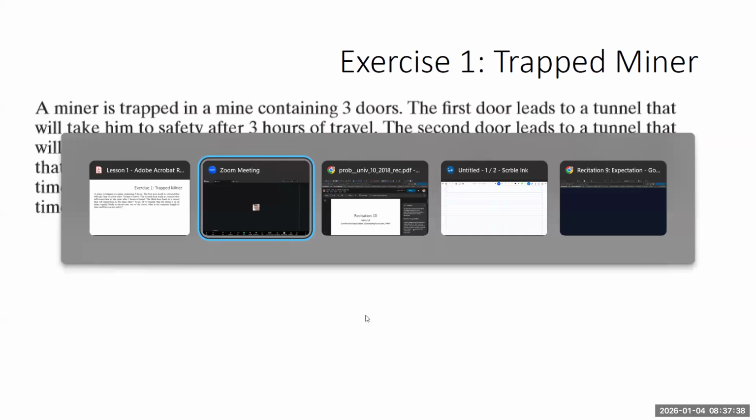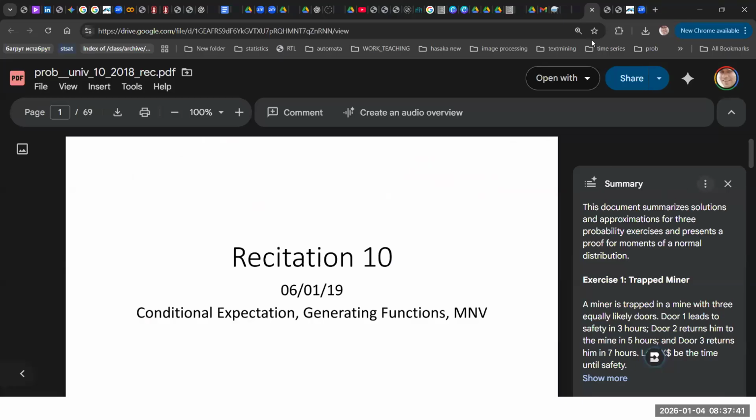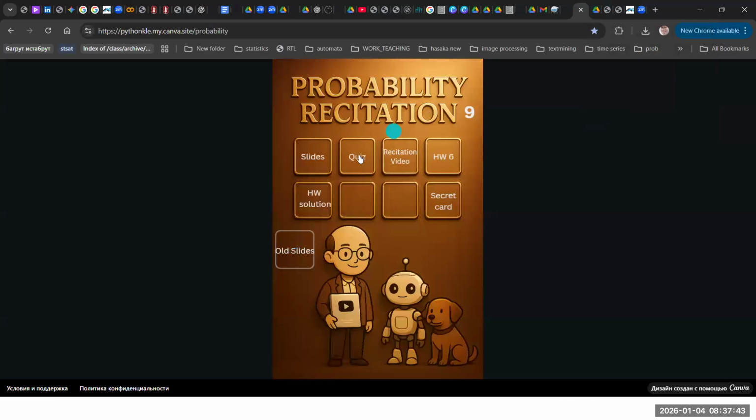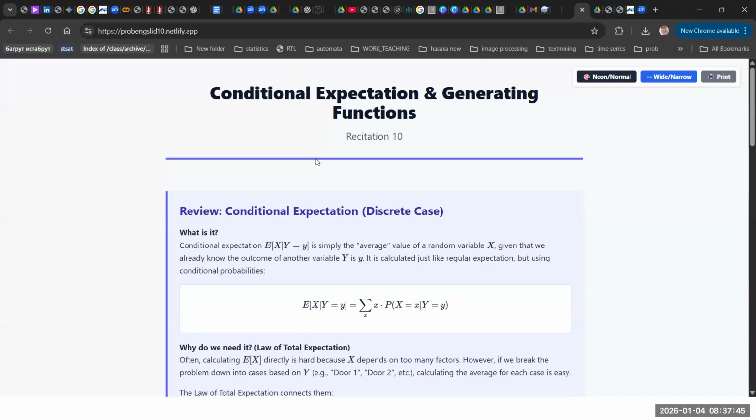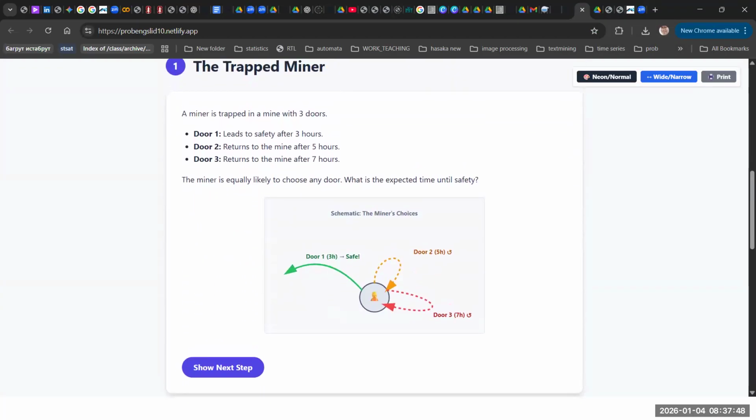Let me use for this question our new slide notes.